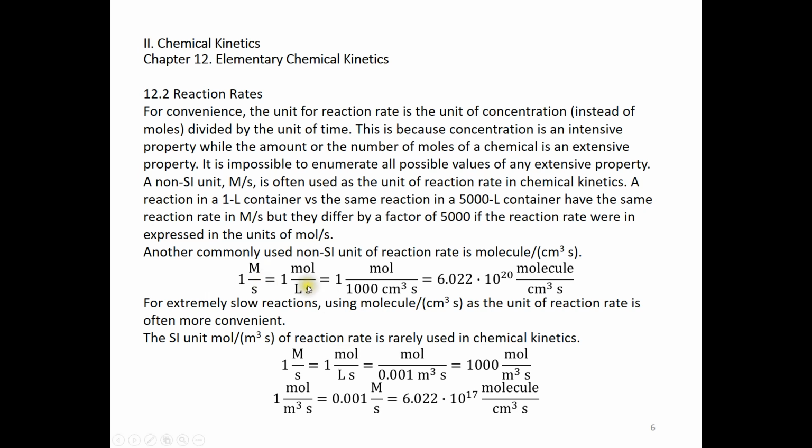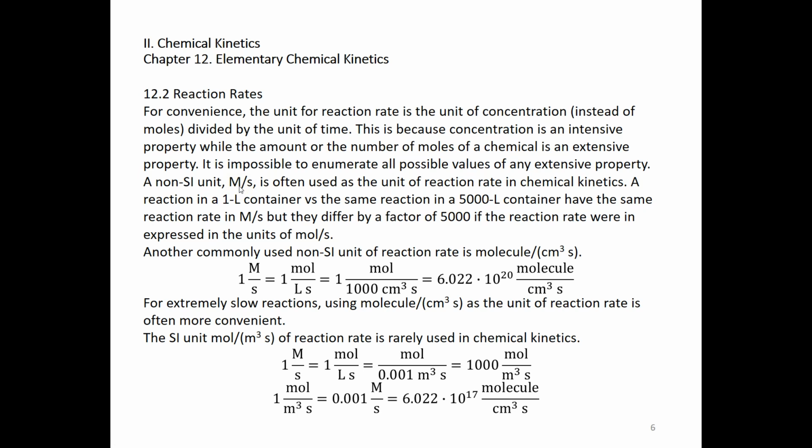When we use the changes of concentration per unit time as the reaction rate, we often use a non-SI unit in chemical kinetics. It's molar per second. Molar is a non-SI unit. Molar is mole per liter.